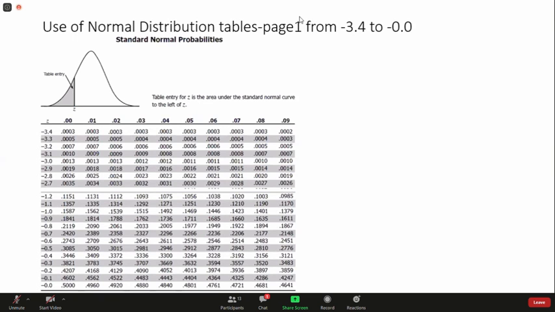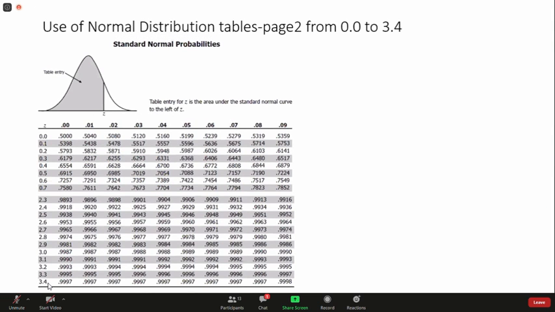Now see the minus 3.4 to 0, the other side, the other part. See the graph also here, can you understand? 0 is at the middle, far left side is minus 3.4. Here, 0 to 3.4, the other table, 0 to plus 3.4. These are the 2 tables. Actually, 1 table with 2 pages we require for the calculations.